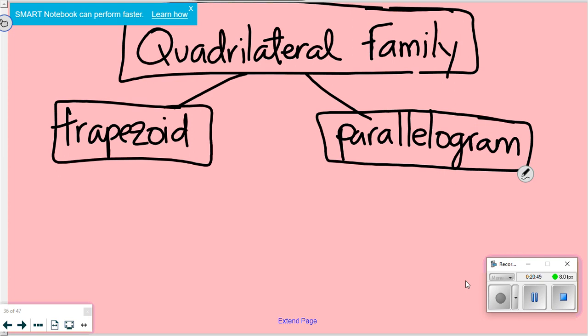Jalen? Square. Nope. Keegan? A rectangle.